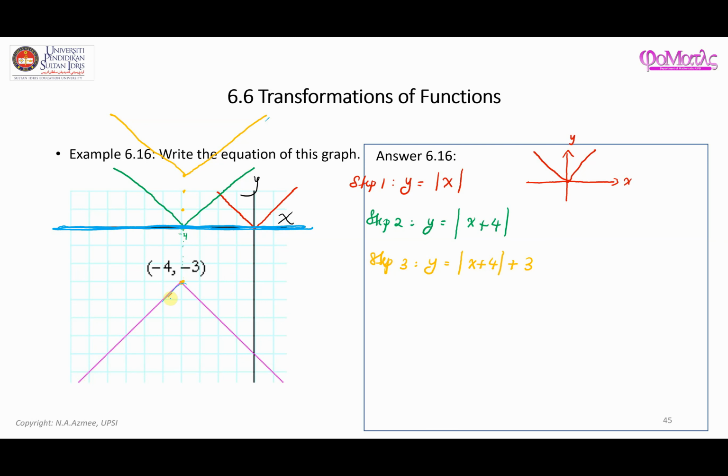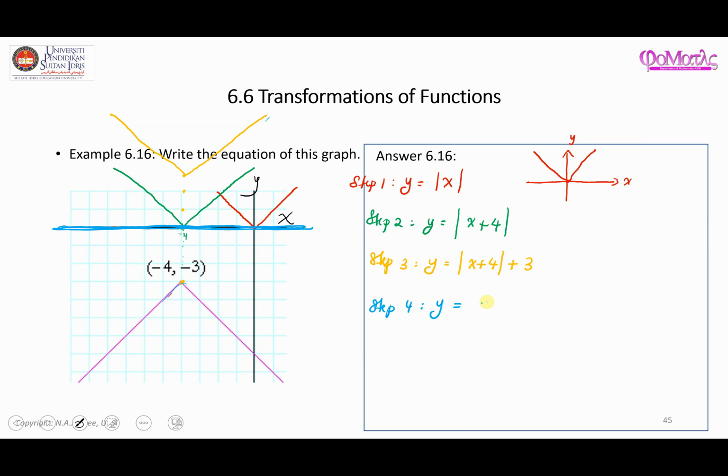How do I get the equation for the pink graph? Obviously, I have to introduce a negative sign outside of this whole function, so that the whole function will be reflected along the x-axis.